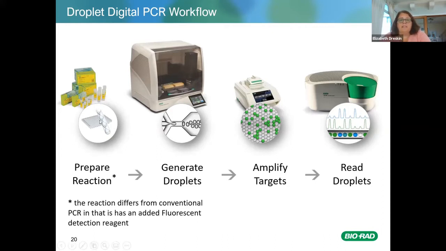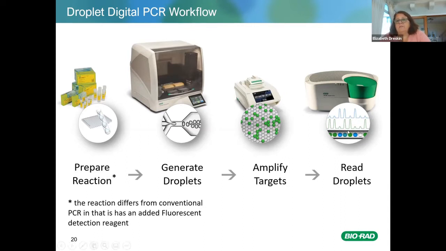Once we have our reactions assembled, we can put a plate, in this case, into our auto droplet generator, which has a specially formulated oil that is combined with our samples to create about 20,000 droplets for each one of these wells. Once the droplets are generated, we go and seal the plate, and then we put it into a conventional cycler and amplify the targets.